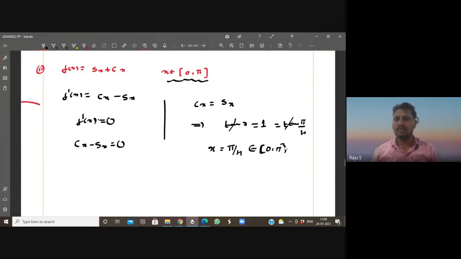So after that, we have to evaluate the value of the function at the critical point as well as at the end points of the interval.